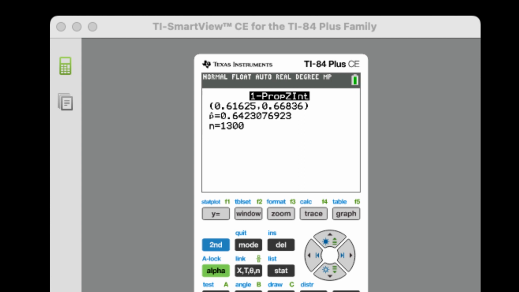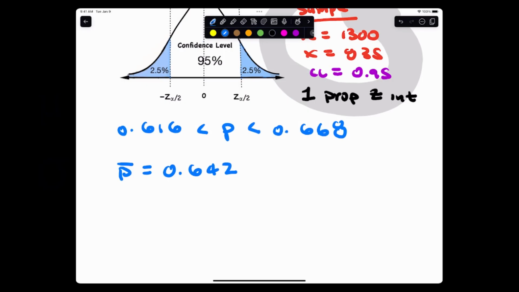To the thousandths, that's 0.642. That's the TI's version of the sample proportion. They didn't ask you for that answer, though, but that second number is a sample proportion. The first number was the lower bound because you're getting an interval estimate. The last number was an upper bound. And in the middle, that's p-hat.